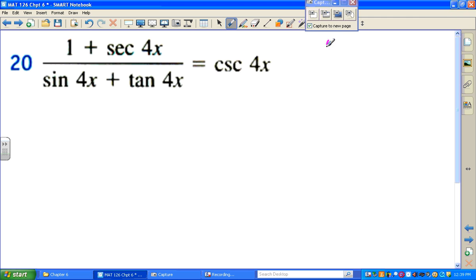Okay. I'm going to put my opening statement here first, though. Let 4x equal theta. Why didn't they just put theta? Well, there's a very good reason why they put 4x there. Pretty soon you're going to be working with multiple angles, and they're just exposing the fact that you can have 4 times the angle there.